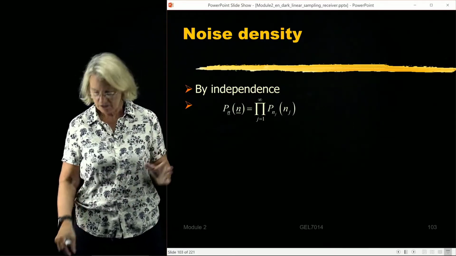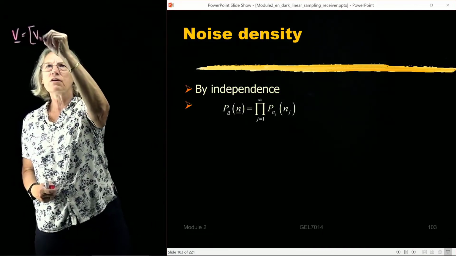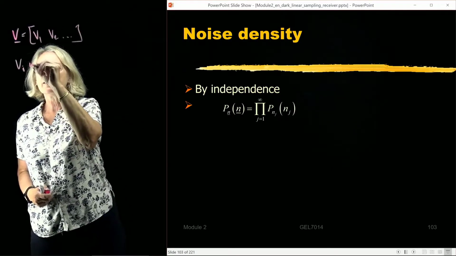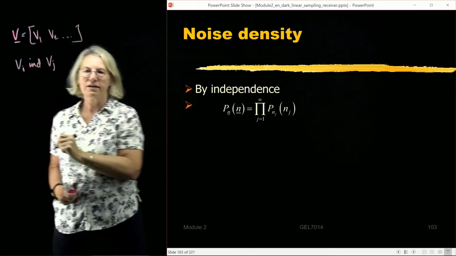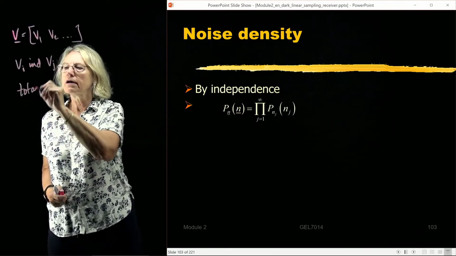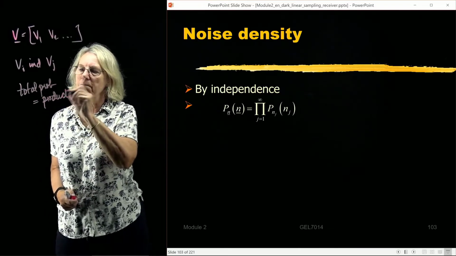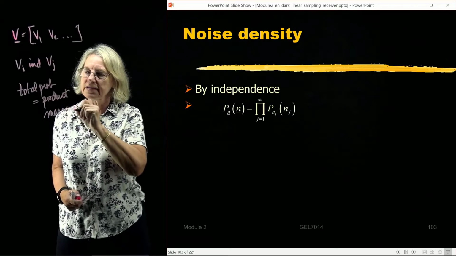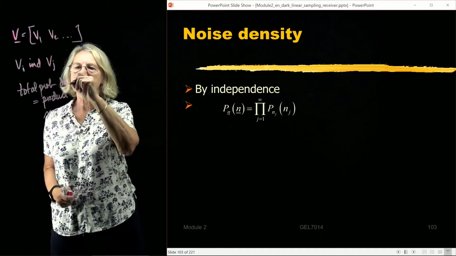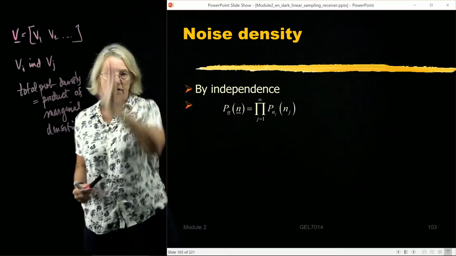So that's a general result: if I have any vector v1, v2, and vi is independent of vj, then the total probability density is the product of the marginal densities. The total probability density is the product of the marginal densities. So this is a general result from probability theory.